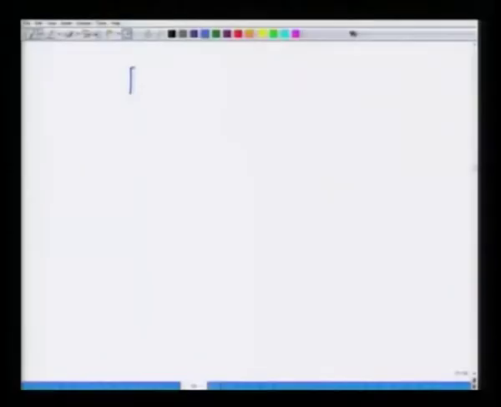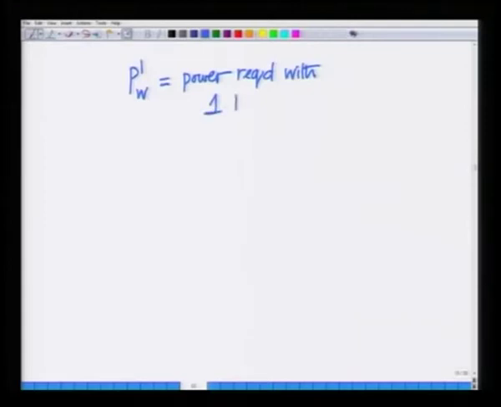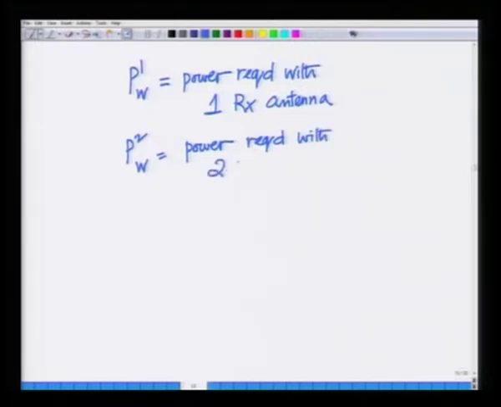Now, let me illustrate to you how significant this is. Let us say PW1 equals power required with a single receive antenna, PW2 equals power required with 2 RX antennas.